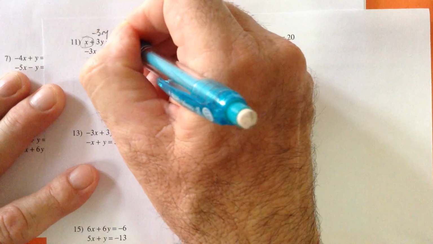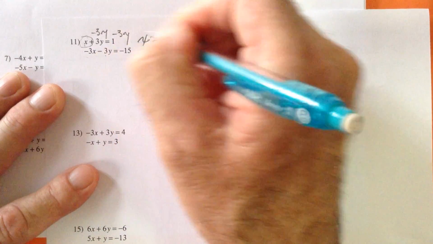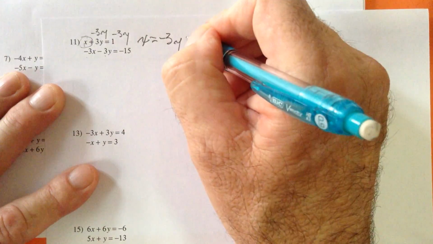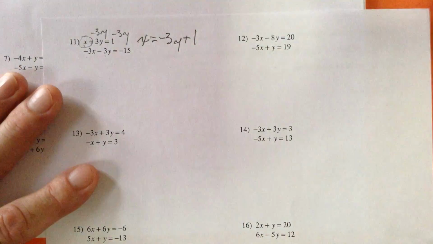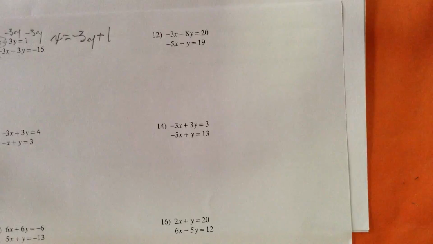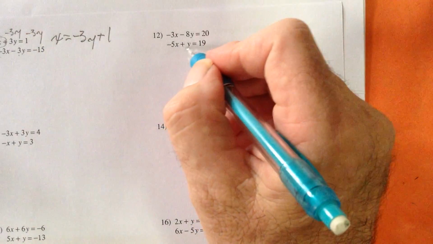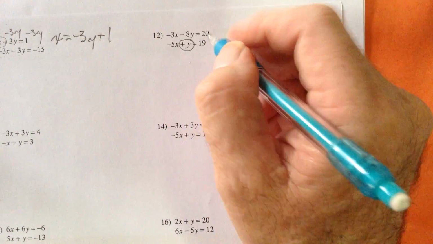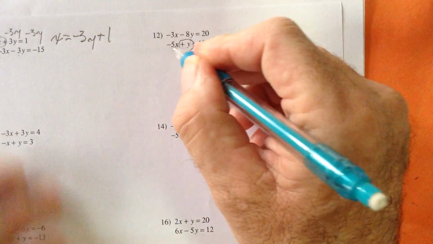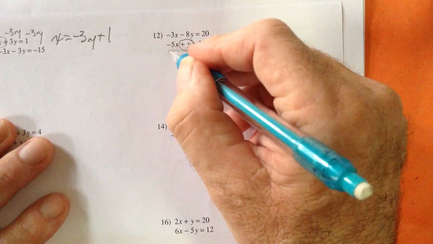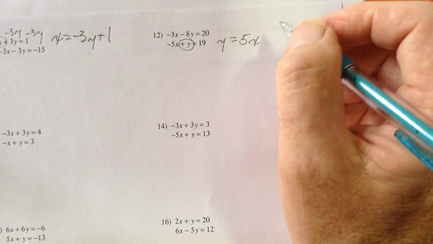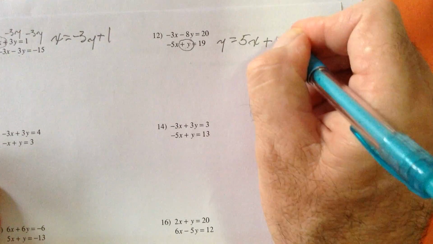So it'll be negative 3y on this side. So x equals negative 3y plus 1. Okay, here you've got these all have numbers, and well, here's one without, so I make this one y equals negative 5x. It becomes a positive 5x on this side. Excuse me, plus 19.